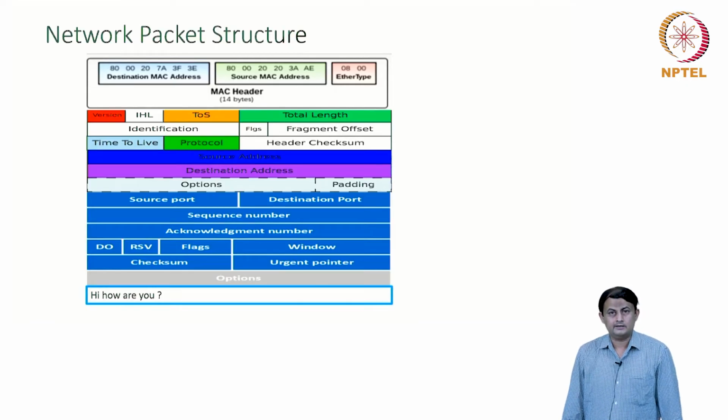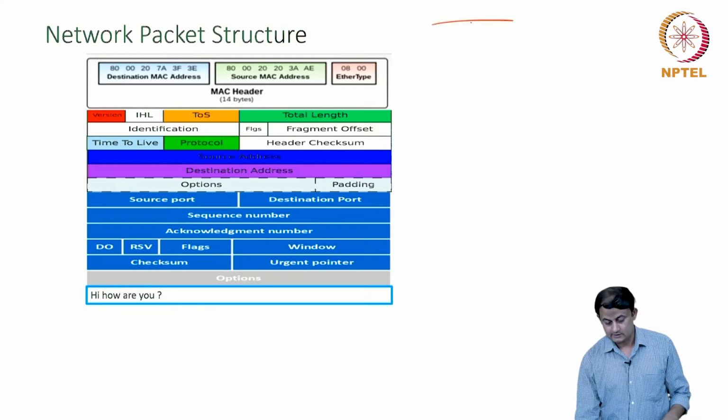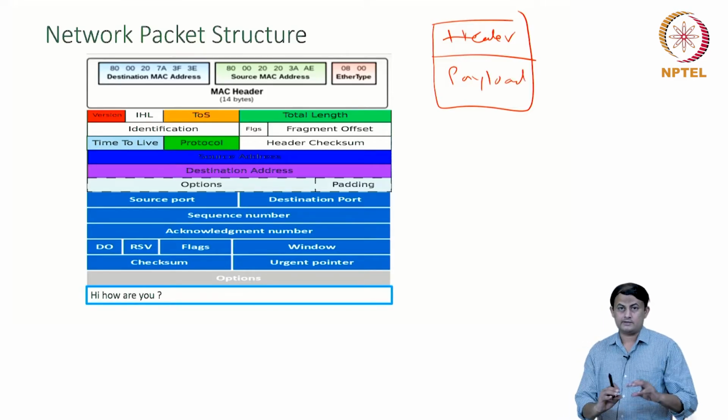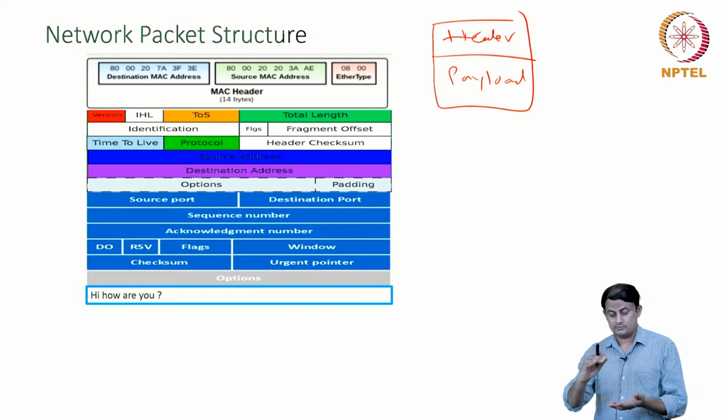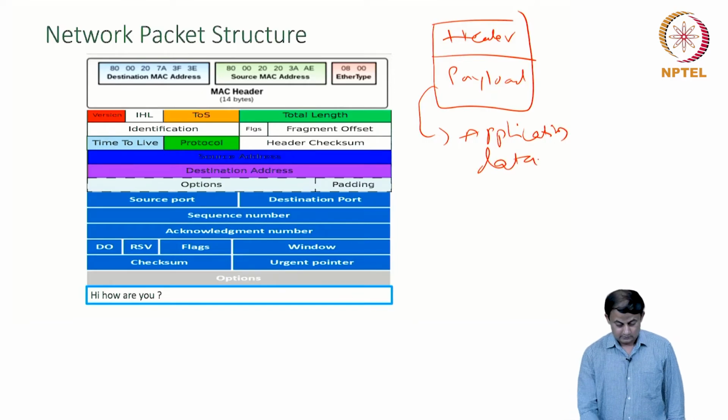When I receive a packet, typically it has 2 parts. The first part is the header, and the second component is called the payload. So every packet has some portion which is the header part, and the second portion is the payload. Payload we call the application data. On the left hand side you see this header.